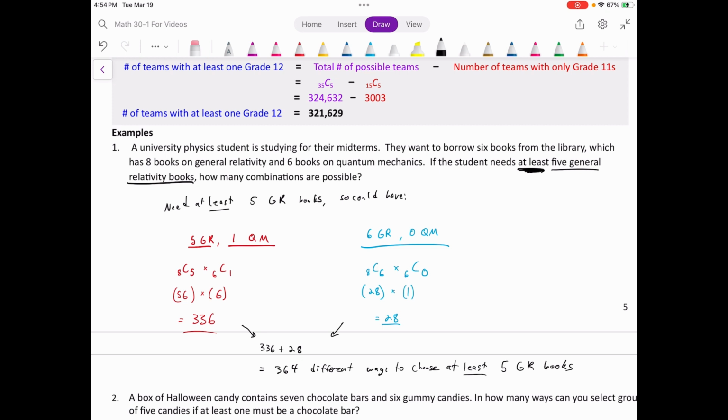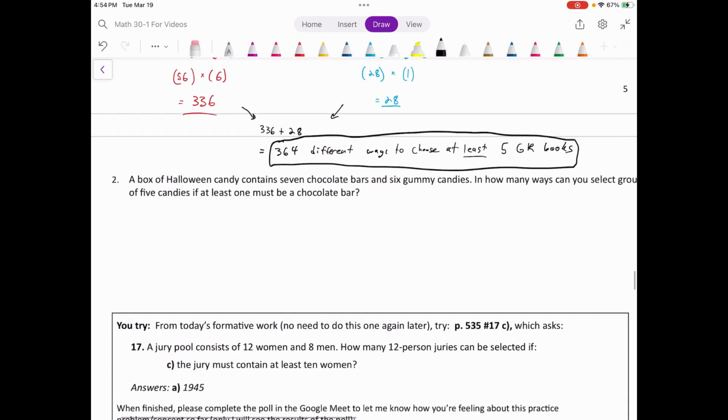All the ways where you have 5 plus all the ways where you have 6 general relativity books gives us the total number of ways to have at least 5 general relativity books. Cool, right? Let's try this one.